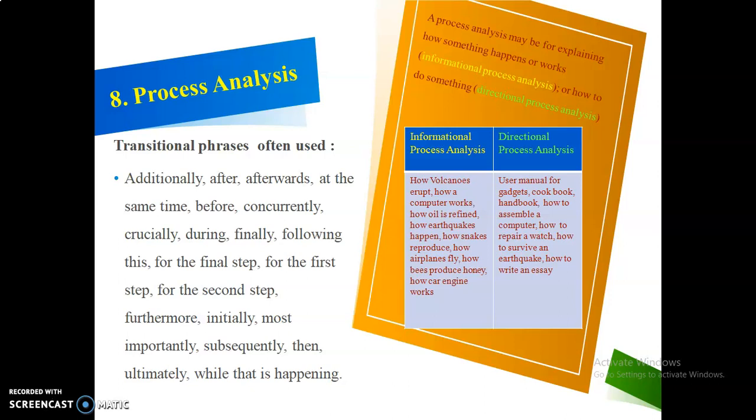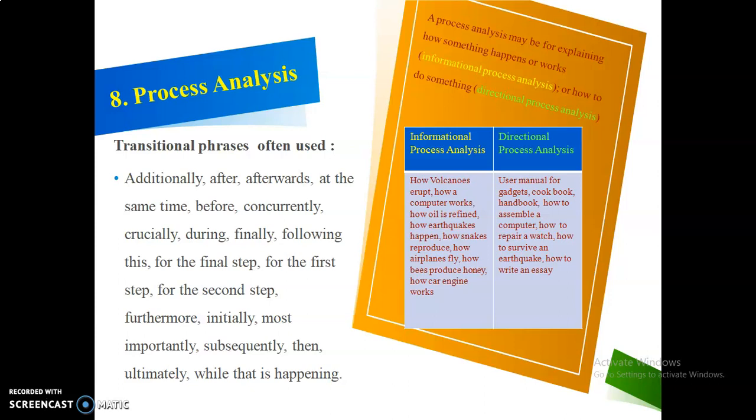If a writing explains how something happens or how something works, it is known as informational process analysis. And if the essay explains how to do something, it is known as directional process analysis. What are the differences between these two things?